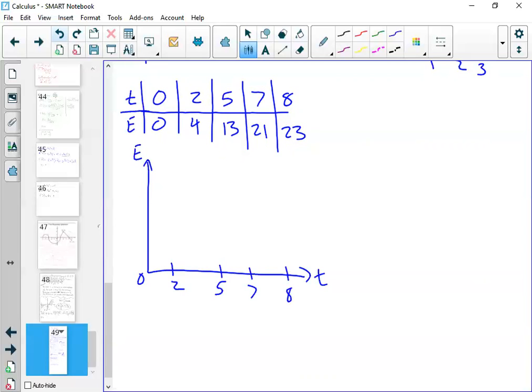And then the y values for those points are going to be 4, 13, 21, and 23. So we have a point here, we have a point here, we have a point here, and we have a point there. So what we're going to do here is make trapezoids.